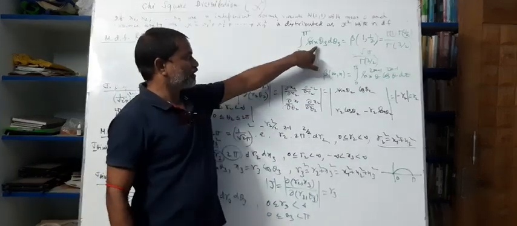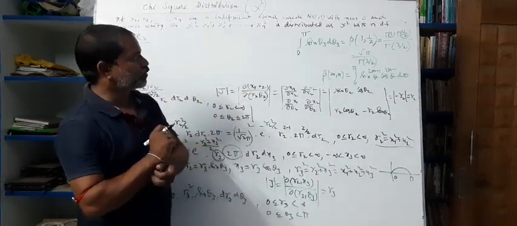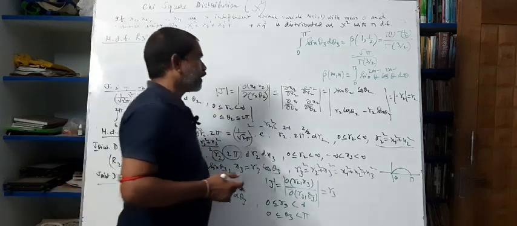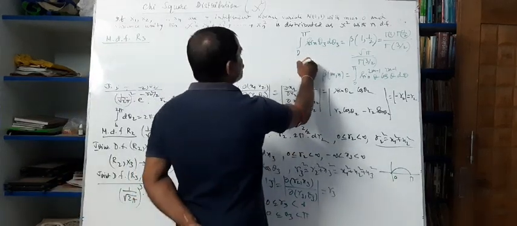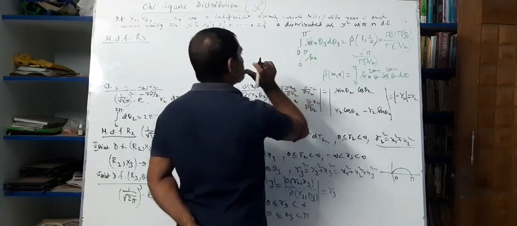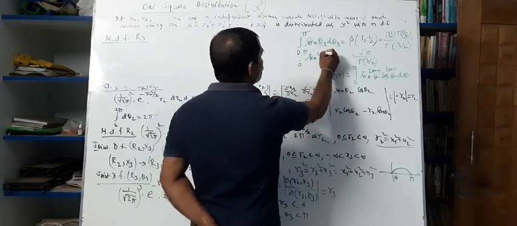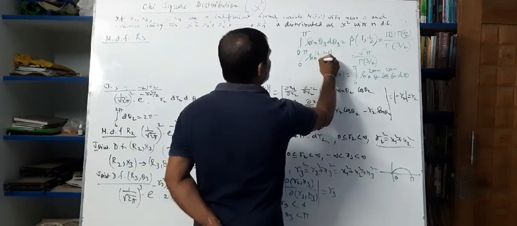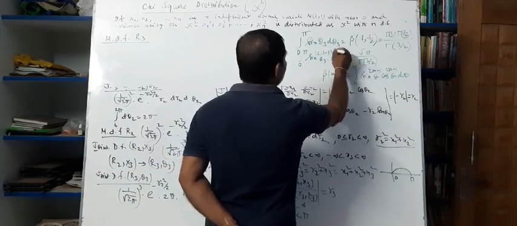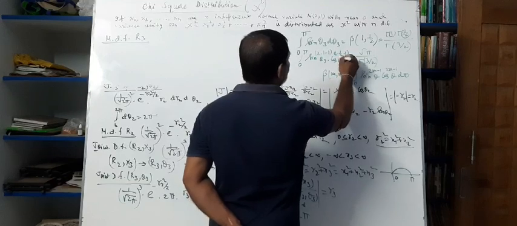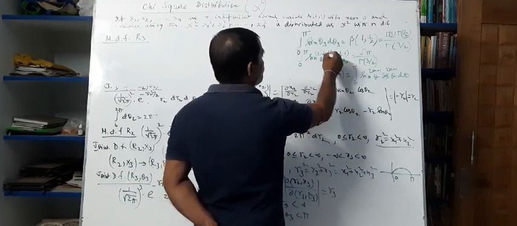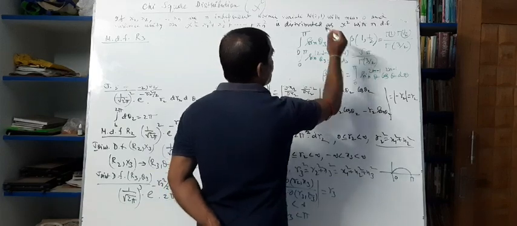For this, we write 0 to pi sine to the power 2 into 1 minus 1 theta 3 and cos to the power 2 into half minus 1 theta 3 d of theta 3. So m equal to 1 and n equal to half.